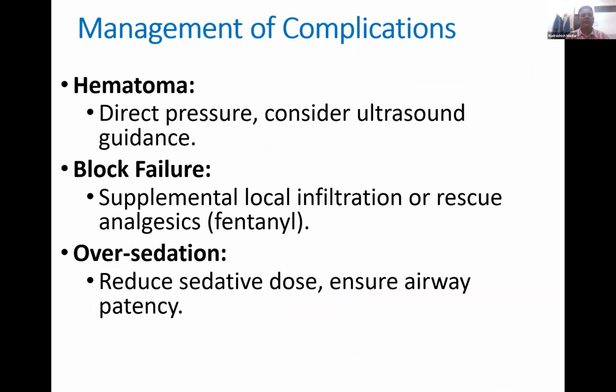If there is a block failure, supplemental local infiltration can be given, or a rescue analgesic in the form of an opioid like fentanyl can be given. And if the patient is over-sedated, sedative drugs are reduced, oxygen is supplemented, and airway patency is ensured.